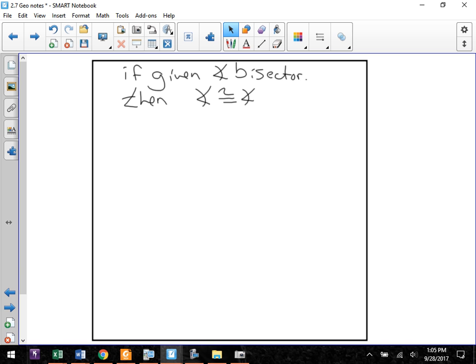So just like I did with midpoint, what I'm going to do is draw a small diagram and then draw it in via two columns so you see the idea of how you put it all together.